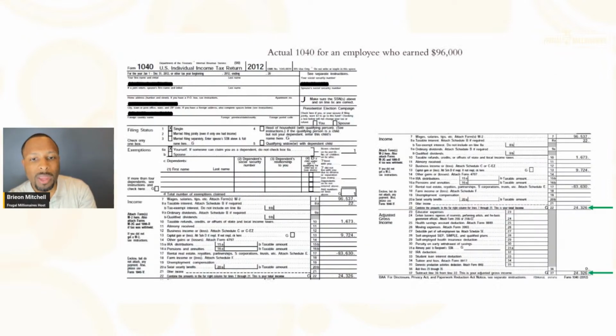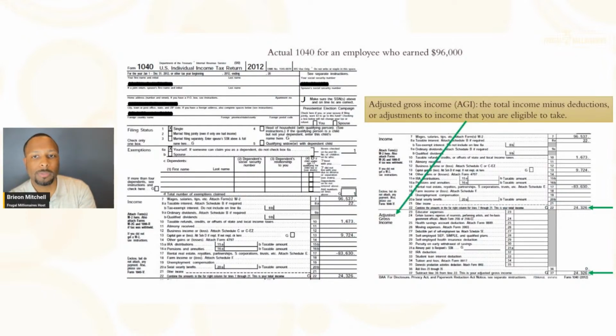So we want to make sure we dive into understanding what those deductions are, and what the adjusted gross income is. As we see here, adjusted gross income represents that 24,326. Adjusted gross income is one of those acronyms, AGI.